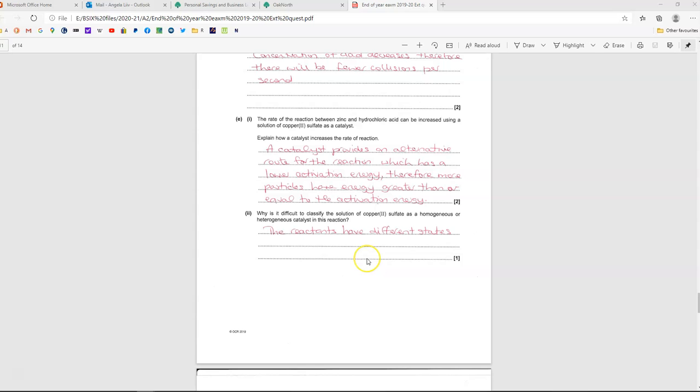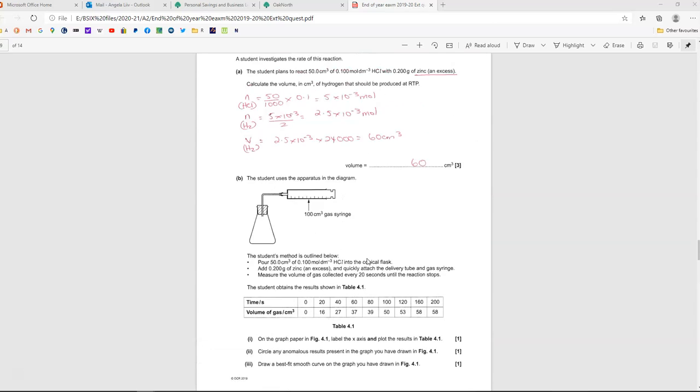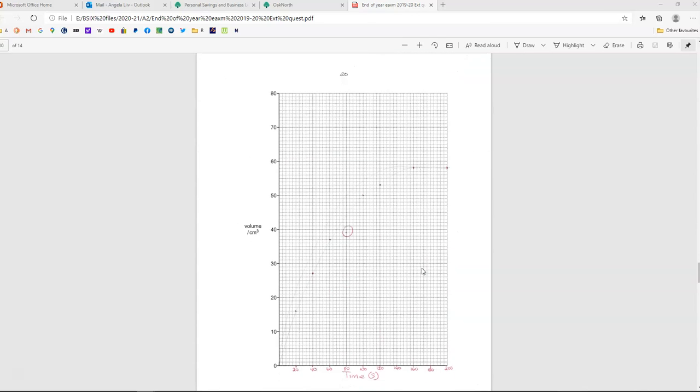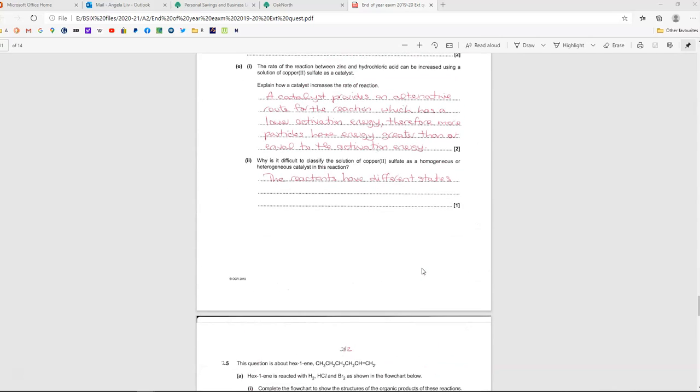It's difficult to classify copper sulfate as a homogeneous or heterogeneous catalyst in this reaction because we've got a solid and an aqueous solution. Obviously the homogeneous catalyst is the same state as the reactants, and the heterogeneous catalyst is a different state to the reactants, but because the reactants are not the same state, you can't really classify it.